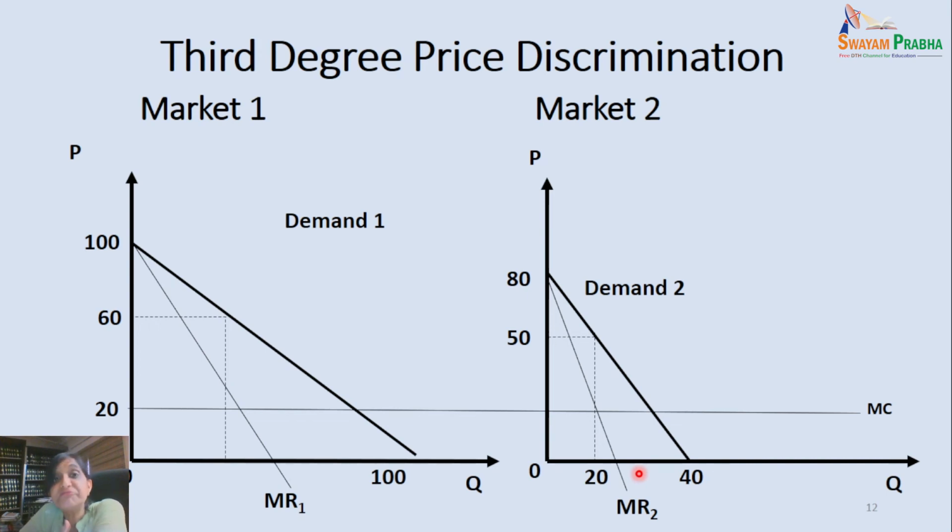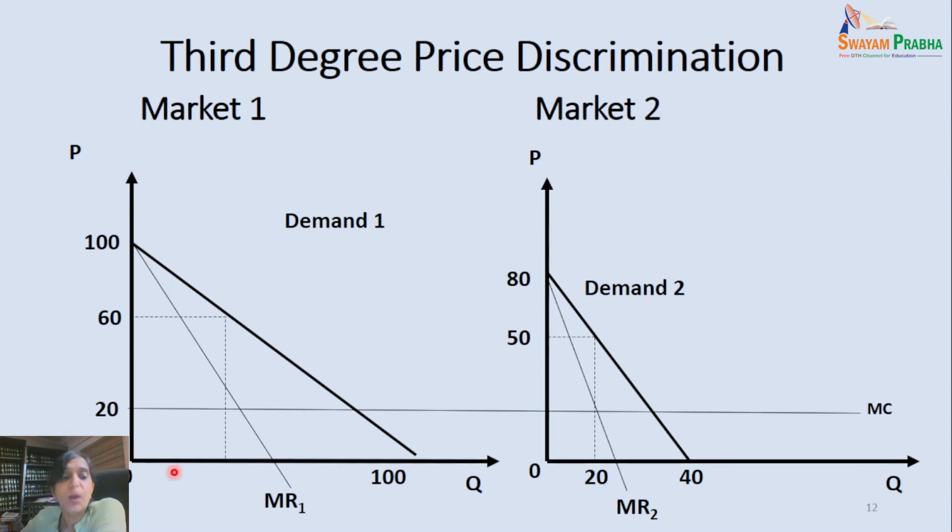That is, the firm is determining its profit maximizing quantity separately for both the markets, even though the cost of production is the same. Because the elasticity of demand is different in these markets, it takes advantage of this difference by charging different prices in different markets for the same product.